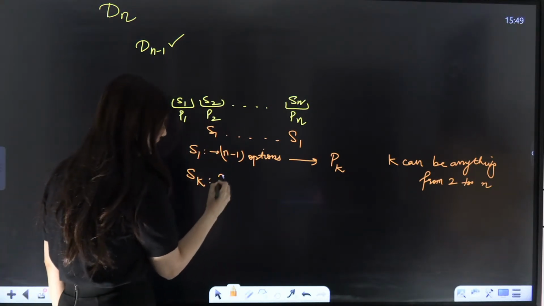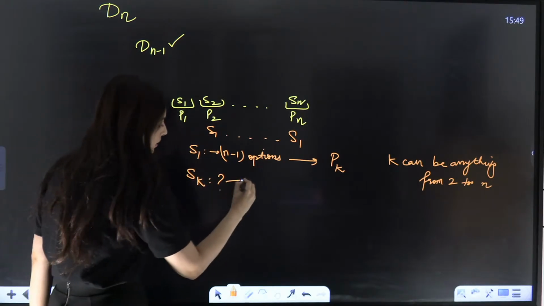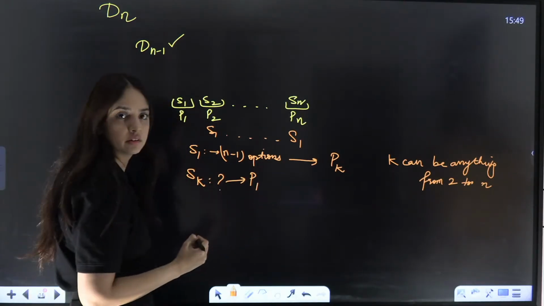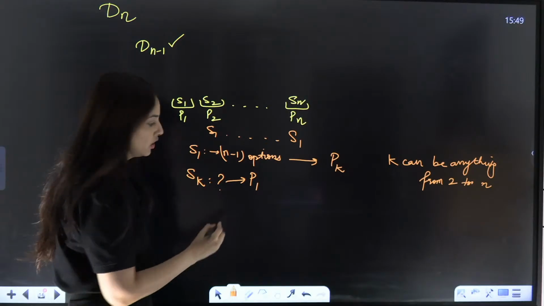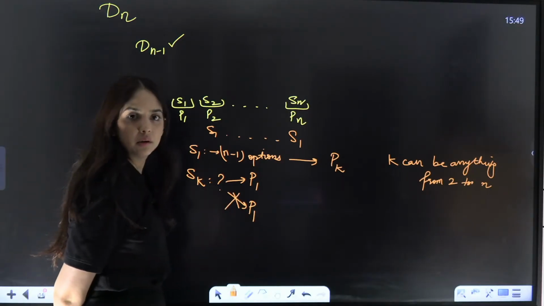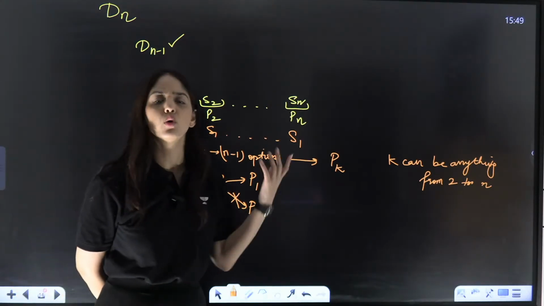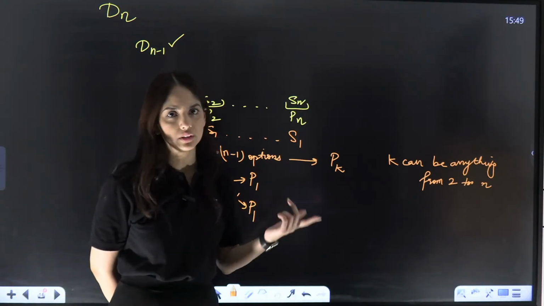Now, where will Sk go? Sk can either go to P1, right? Or not at P1. Only these two possibilities, either it goes to P1 or it doesn't go to P1, both are allowed.